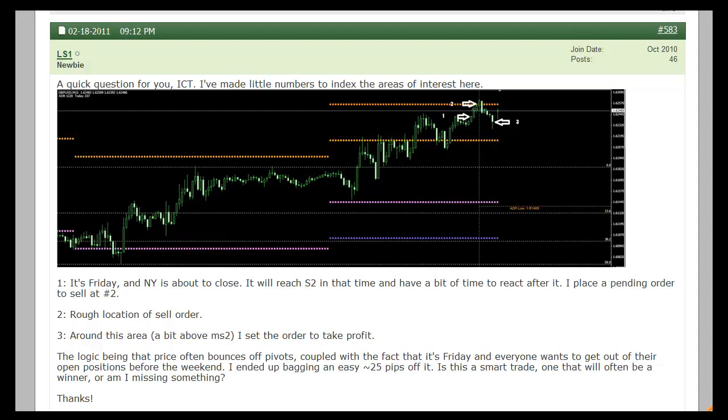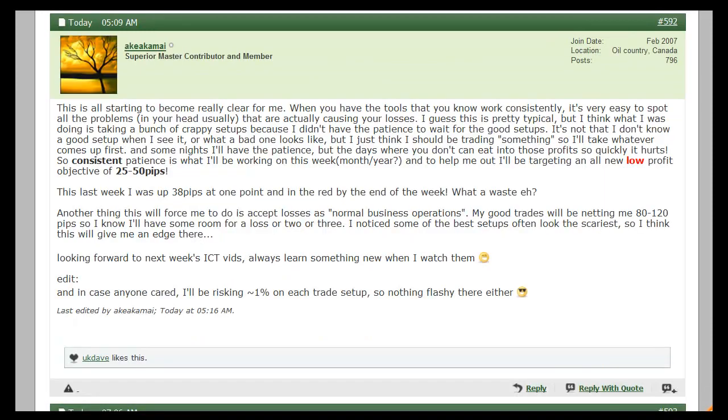Okay, AK. All right, you lowered your pip range objective for the week. That's good. 1% per trade. Well, you know what? Honestly, until you guys are consistent, I would like to see you doing 1% or even less. Take the leverage out while you're learning.